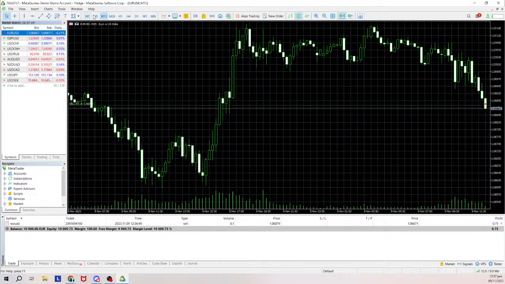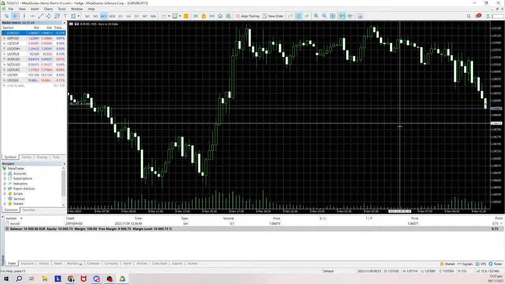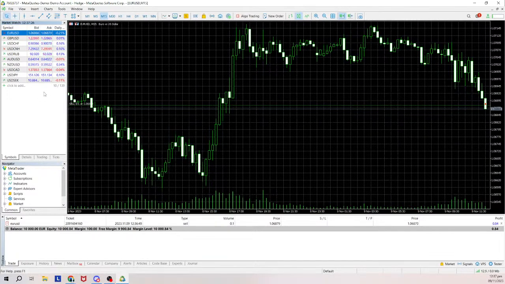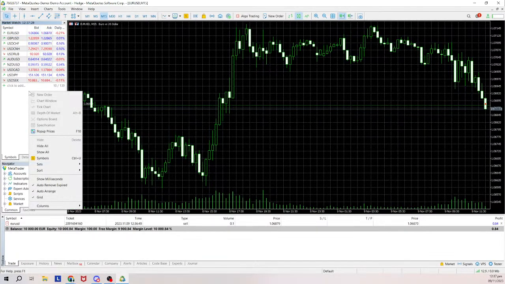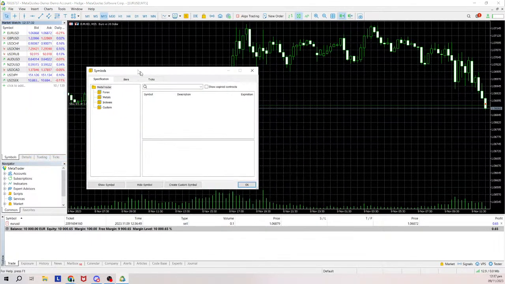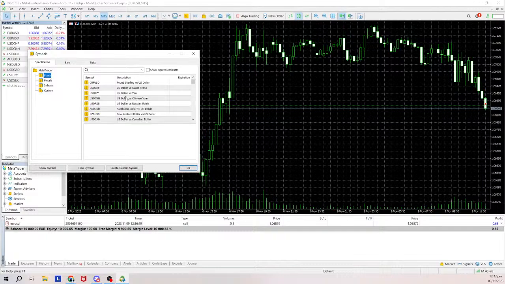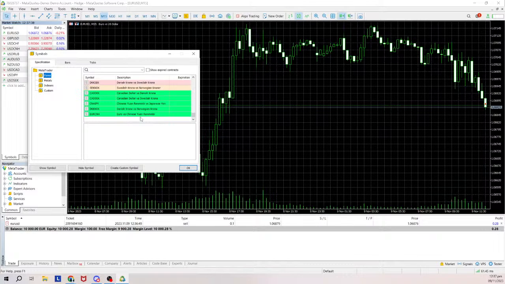So we went over the different time frames. We went over how you can scroll. Let's say we want to try to have a look at different assets. We can go to symbol, and right in front of us, you can see here are all the different forex pairs available. You can trade on any of those that you'd like.